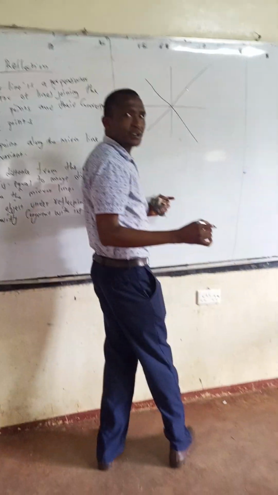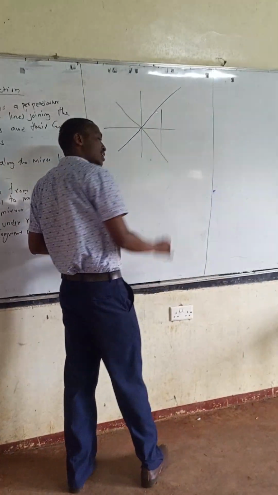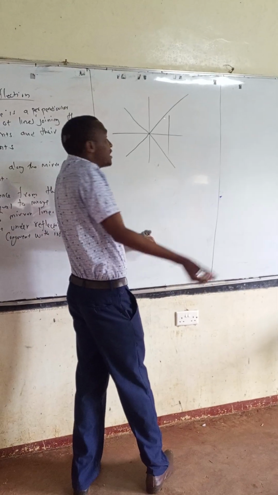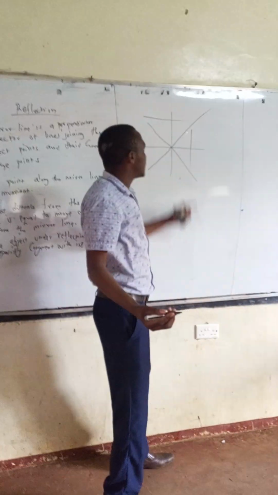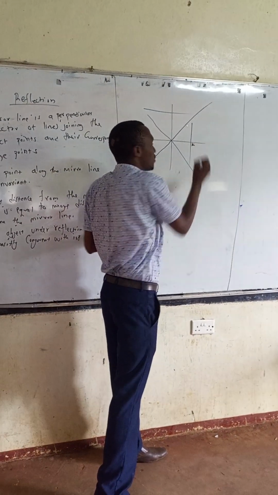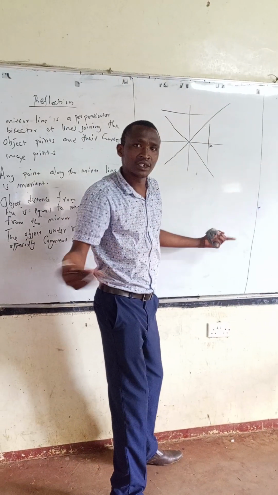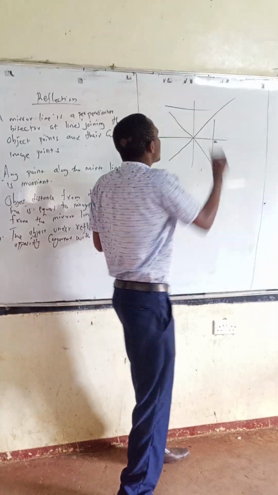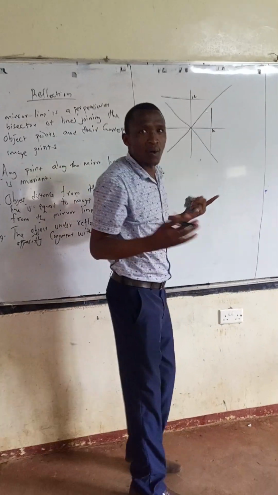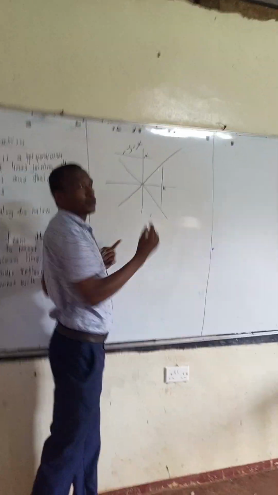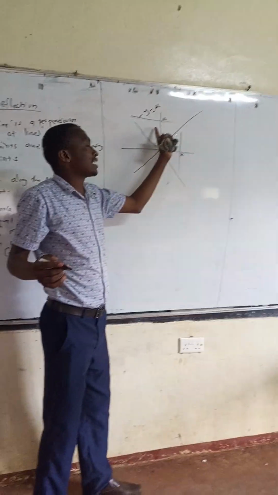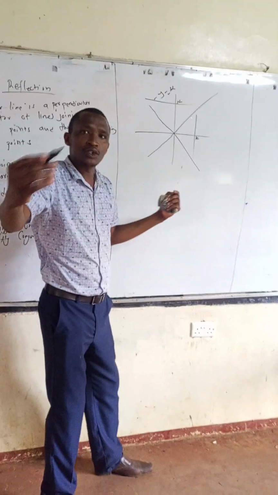I can also have a line cutting the x-axis this way, and a line cutting the y-axis this way. Let me assume the line cutting the x-axis is x = k, where k is an integer such as 1, 2, 3 or 4. Similarly, the equation of the line moving this way, cutting the y-axis at 4, is y = 4. Using a general term, we use the letter k.